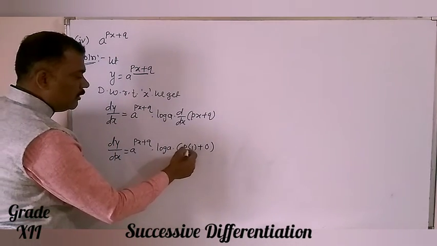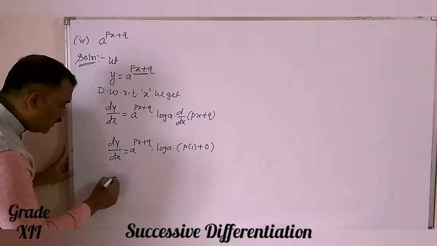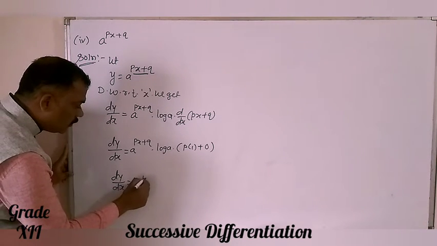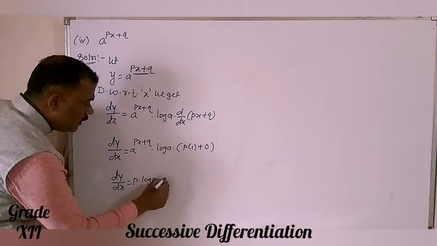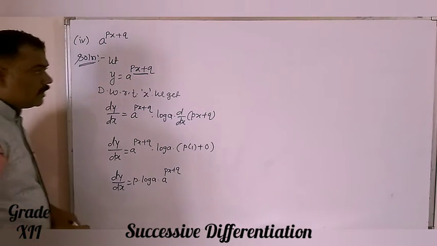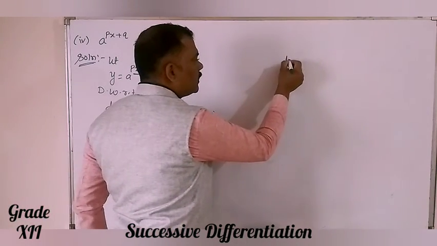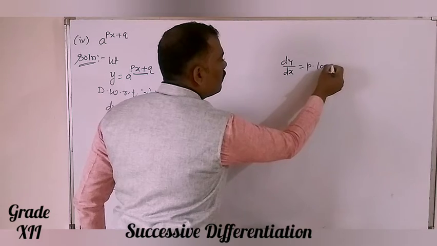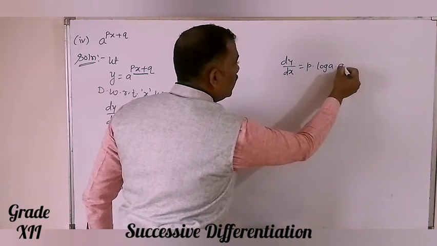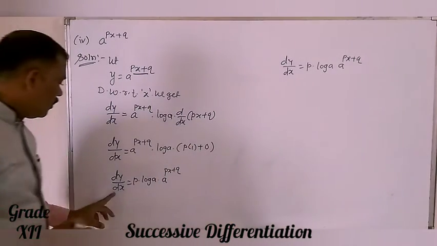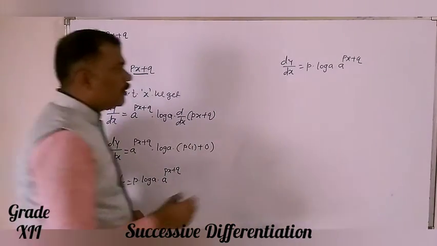P into 1 is p plus 0, that is p. We can rearrange like this: dy by dx is equal to p into log of a into a raised to px plus q.